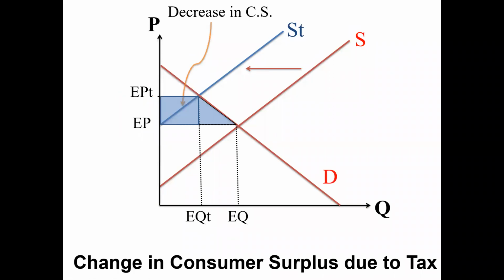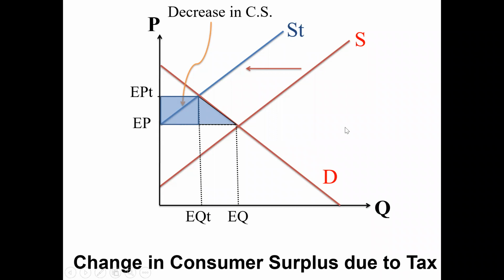So මෙන්න මේක තමයි consumerට ඇතිවන පාඩුව. අර consumer කියන tax ටික නෙවෙයි. consumer surplus එක අඩු වෙලා, consumer surplus එකේ අඩුවීම තමයි consumerට ඇතිවන අවසාන පාඩුව tax එකක් නිසා. Right? So this is a loss to the consumer due to the tax, decrease in consumer surplus. Okay, right.